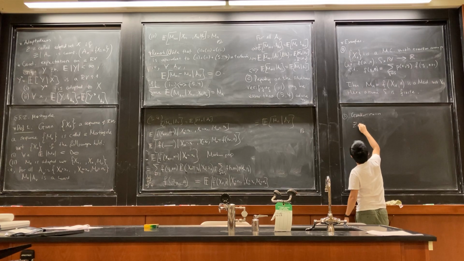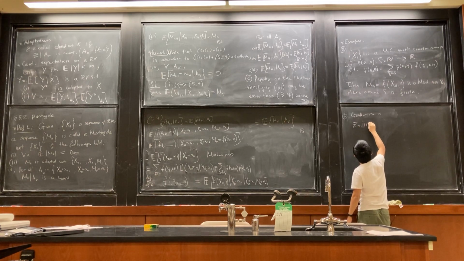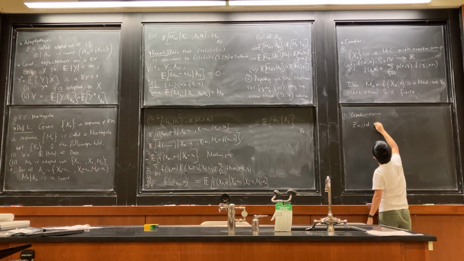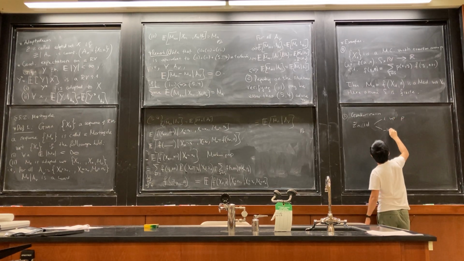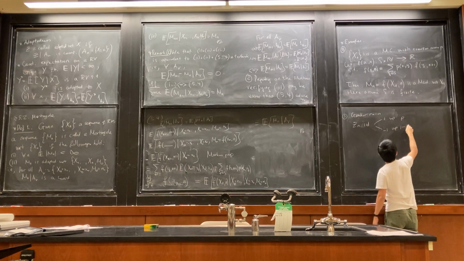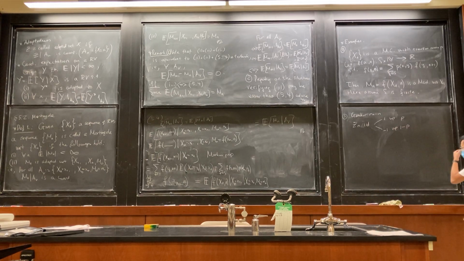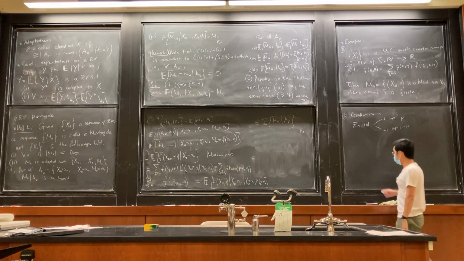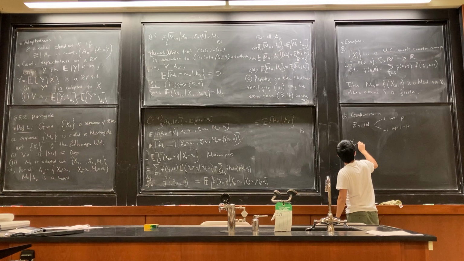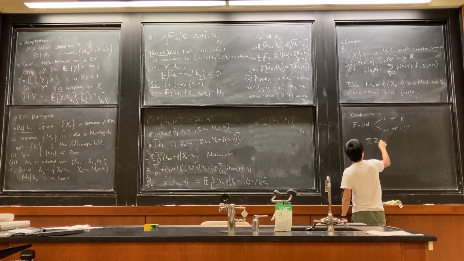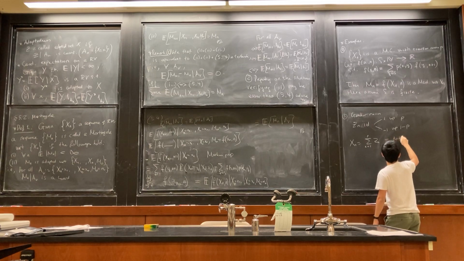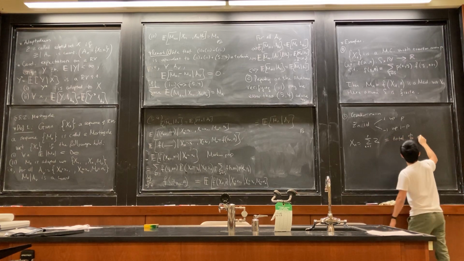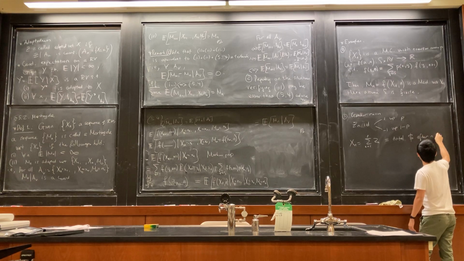So considering Z m, right? IID, the outcome for each game is equal to 1 with probability P and -1 with probability 1 minus P. Right? And denote by X n the sum of Z k. That is the total cash after n games.